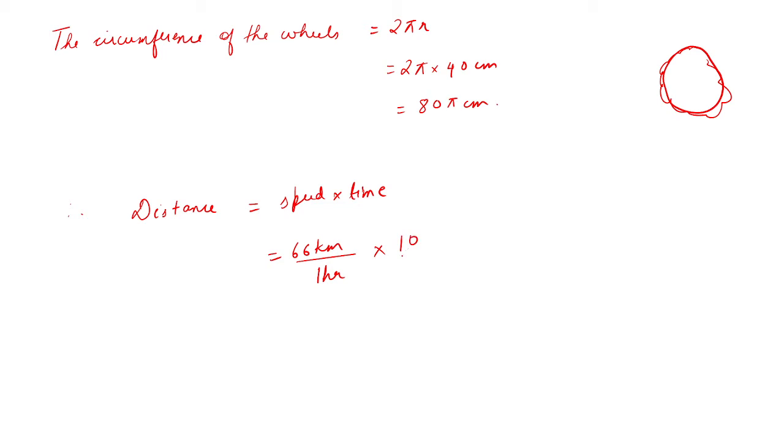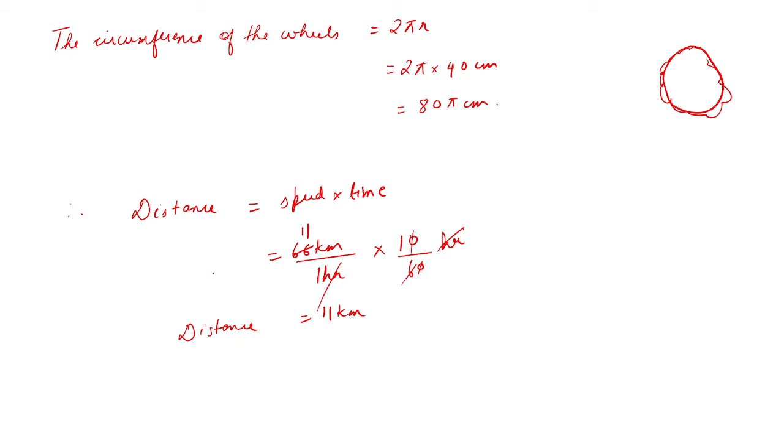Since this is already expressed in terms of hour, let's write this as 10 by 60 hour. So hour will cancel, 10 will go. Now 6 and 66, so you have 11 kilometer. That means the distance is 11 kilometers.